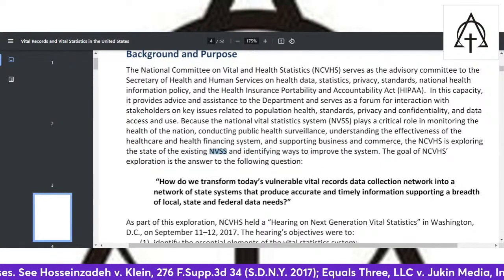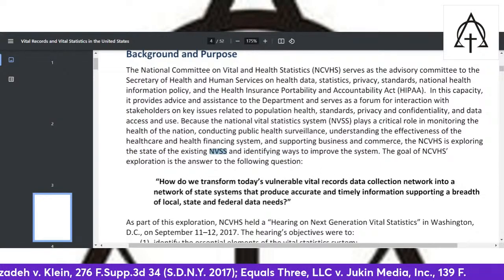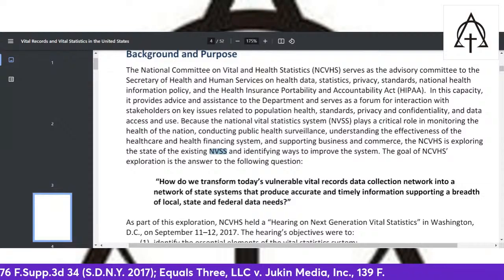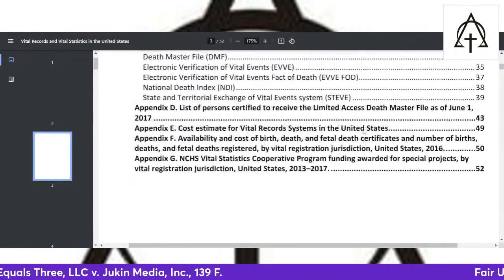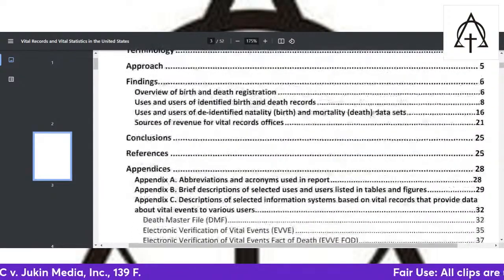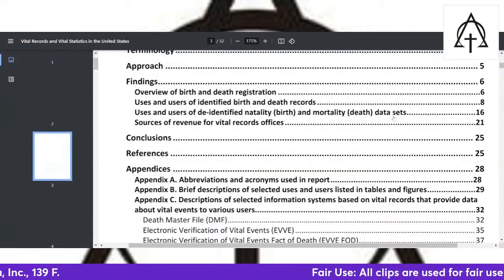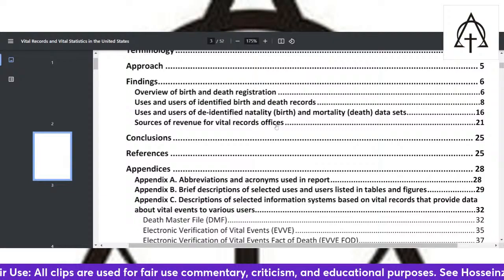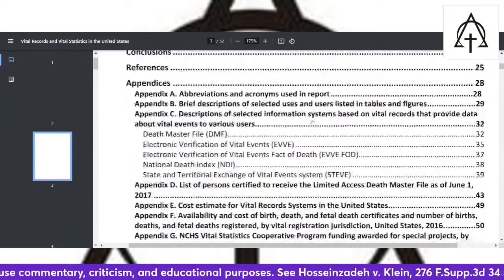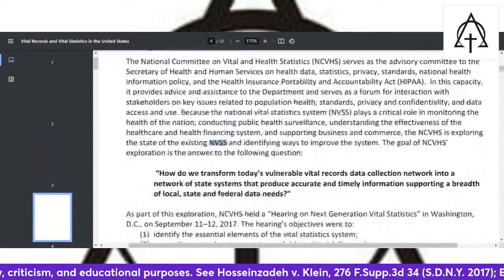That's the National Vital Statistics System. Information system for those data sets. Sources of revenue for vital records is the revenue, is they take the definitive paper form and revenue it into an electronic form.